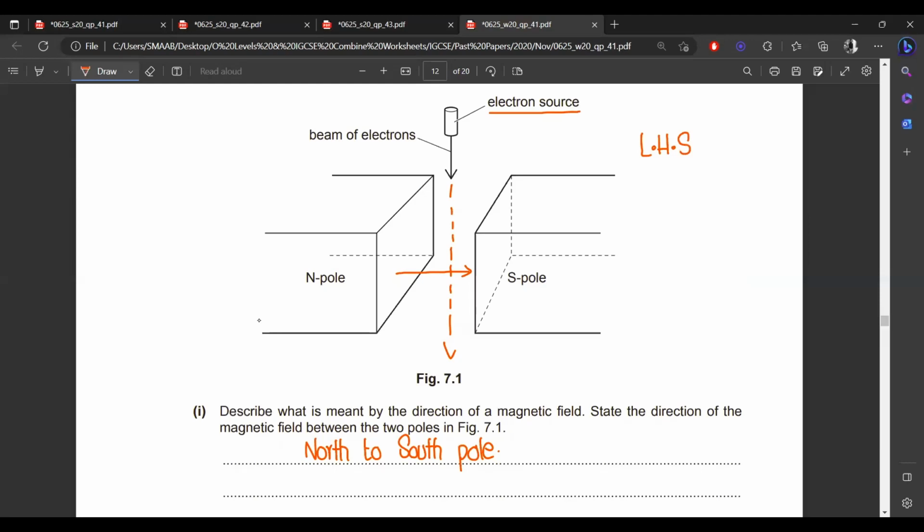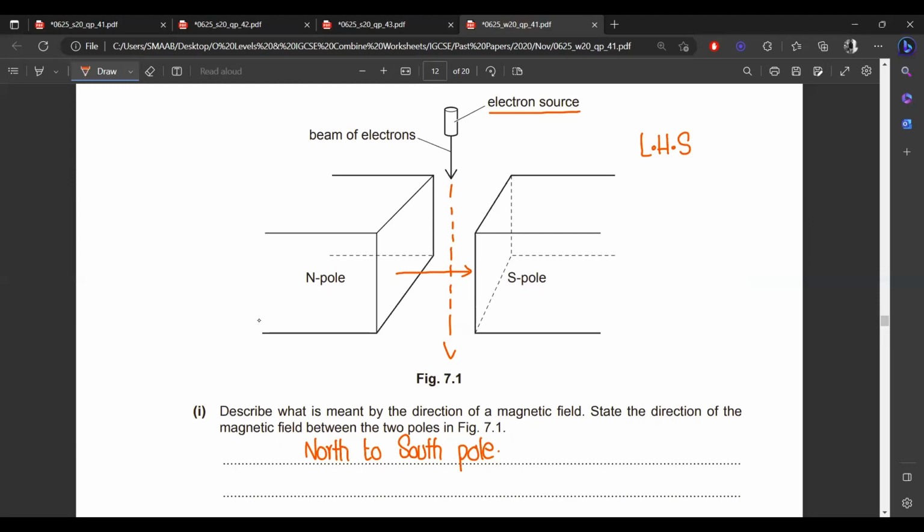Because the magnetic field is mentioned over there, the electron source will give you the direction of electric current. So then you can easily find out the direction of force which is going to act on the electron beam, that will give you the direction of deflection also.